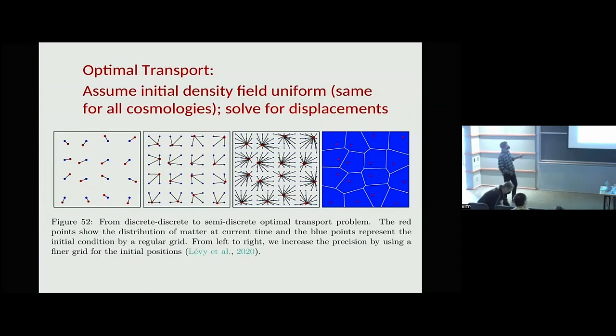But supposing I decided that my blue grid was finer. So now I want to know what set of blue dots correspond to each red one. And then I'll make it even finer, what set of blue dots correspond to the red one. And you take the limit of a very fine blue grid. And that lets you partition the initial space into the initial space that's associated with each red dot. And there are fast codes for doing this partitioning.